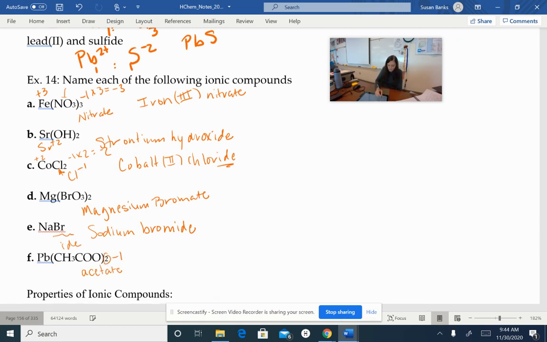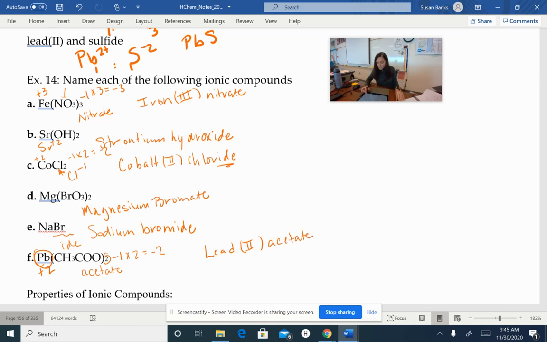We've got 2 of them. So times 2 gives us a -2. So what plus -2 is a 0? +2, right? So this lead is a +2. So lead 2 acetate.